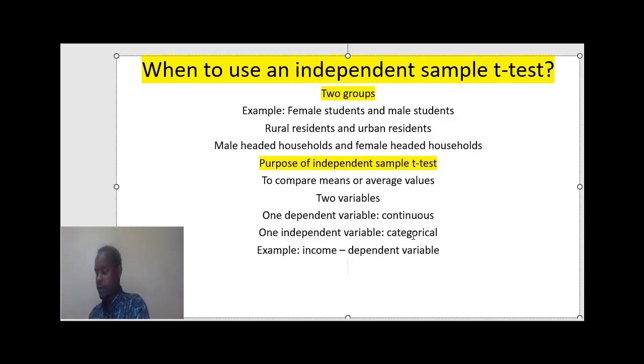And rural residents or urban residents. Okay, residents as independent variable.